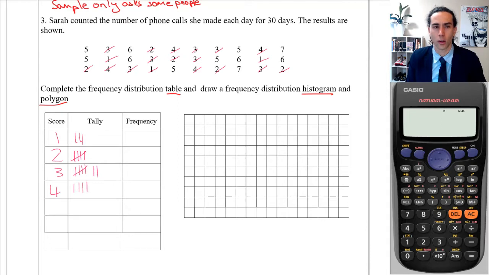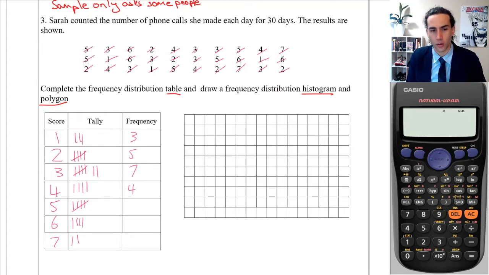You can do this yourself if you want. 5s: 1, 2, 3, 4, 5. I should have set up the score beforehand. 6s: 1, 2, 3, 4. 7s: 1, 2. So the frequency, that's a 3, that's a 5, that's a 7, that's a 4.